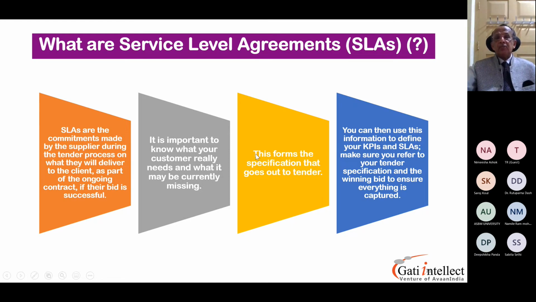This forms the specification that goes out to the tender. You can then use this information to define your KPIs and service level agreements. Make sure that you refer to your tender specification and the winning bid to ensure that everything is captured.